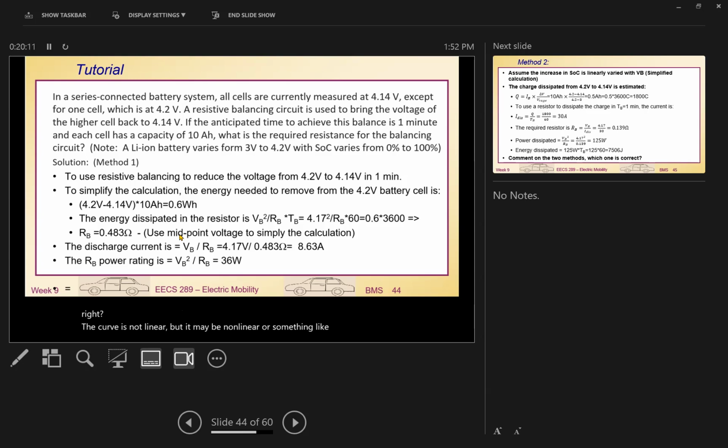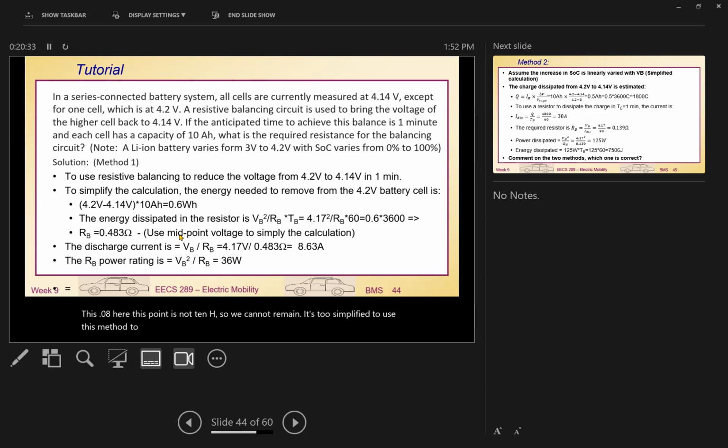So you see here, at 4.14, the SOC at this point should be 10 AH, and this point is 0 AH. Here, this point is not 10 AH. So it's too simplified to use this method to calculate.